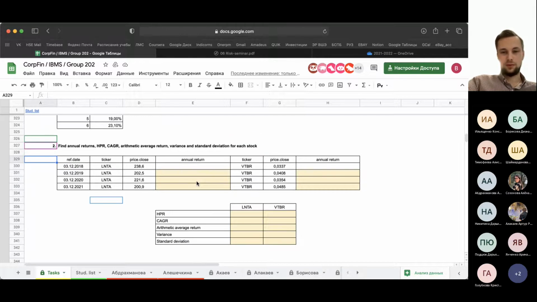I think you need some time to do it, maybe 5-6 minutes, and then let's discuss. In the case of annual returns, of course, we won't have 4 values but 3 values, because we have 4 periods. Remember, we did such a task with Tesla at the first seminar. We just find the growth between the years. Okay, I will be silent and then let's discuss.